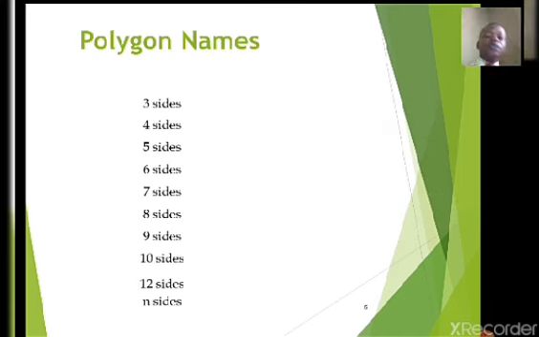Now, moving on to polygon names. The first one, since we have come from the definition of a polygon being a closed figure. And how do we have a closed figure? It means that lines must meet to form a closed figure. If you just have two lines meeting, it cannot be a closed figure.